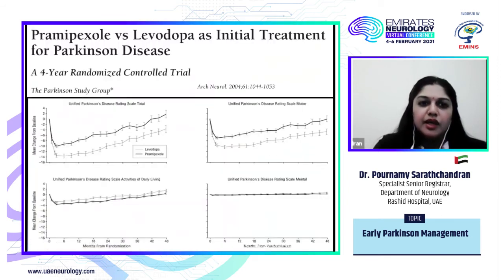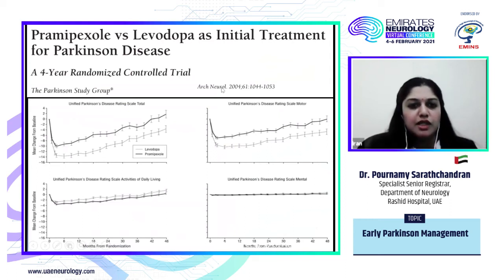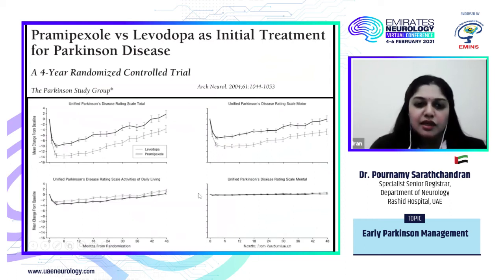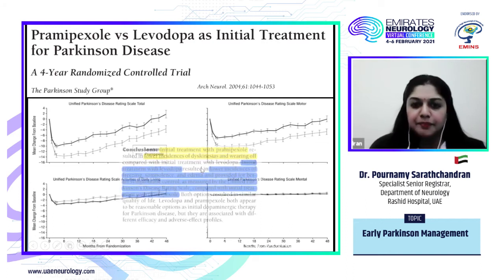So, Pramipexole versus levodopa as initial treatment in a 4-year randomized trial, they found out that the mean change in UPDRS is much better with levodopa. So that means definitely it is much more effective, and the symptomatic improvement is much more with levodopa compared to Pramipexole, as indicated by the UPDRS motor score. However, when it comes to the total score of activities of daily living and the mental score, there is not much of a difference between either of the groups.